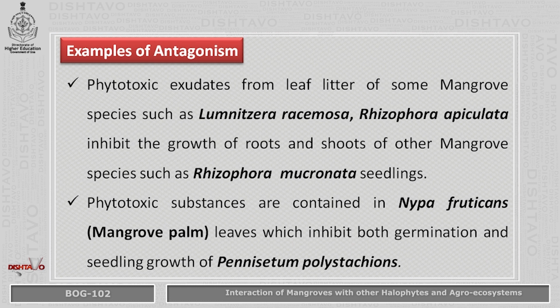The second is phytotoxic substances contained in Nipa fruticans, which is also called mangrove palm. This phytotoxic substance is present in the leaves of Nipa fruticans, which inhibit both germination and seedling growth of Pennisetum polystachyon.